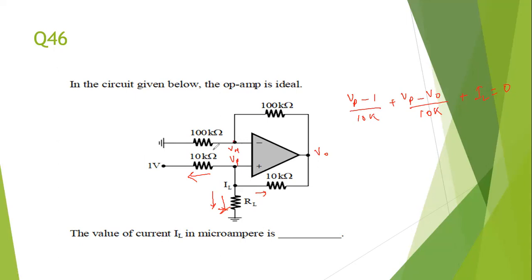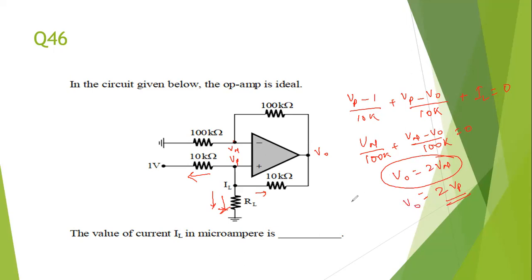Now, what is the Vn? Vn by 100k plus (Vn minus V naught) by 100k equal to 0. So V naught is equal to twice of Vn, that is equal to twice of Vp.